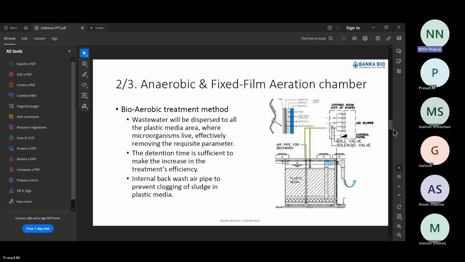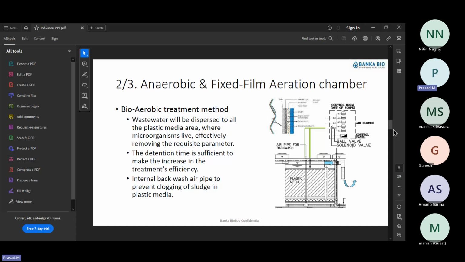Understood? Let me repeat that one. When you are going to the market, a person may ask you that the BOD COD in your STP is very low, then why are you providing this anaerobic tank? The answer is, sir, when we provide the anaerobic tank, we reduce the BOD load in the anaerobic tank itself. Anaerobic means without oxygen.